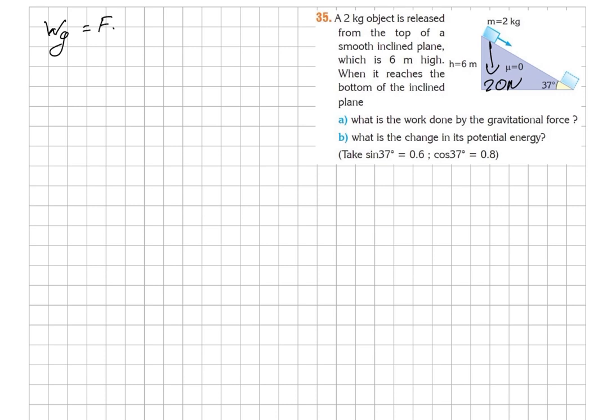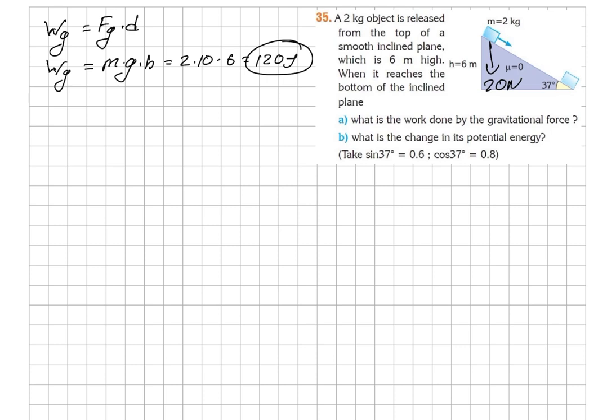So gravitational force multiplied by distance traveled. Work done by gravitational force will be equal to mass times g times the height. It will be equal to 2 times 10 times 6, so it is 120 joules of work done by gravitational force. And what is the change in potential energy?